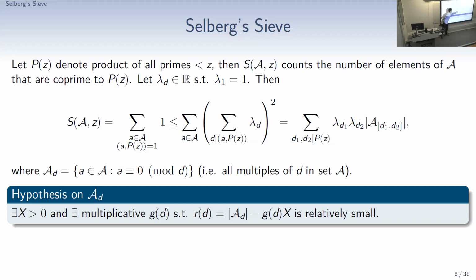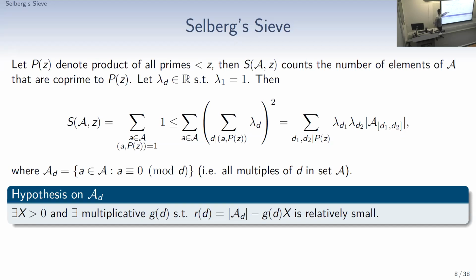If d is 1, we're only going to be summing over lambda 1 in this square term. So in this case, we have a strict equality. But when a and P of d is not coprime, it's going to be summing over some terms other than lambda 1 that are not yet determined. However, because we are squaring it, it's going to be some non-negative number. And that's why we have an inequality on this side.